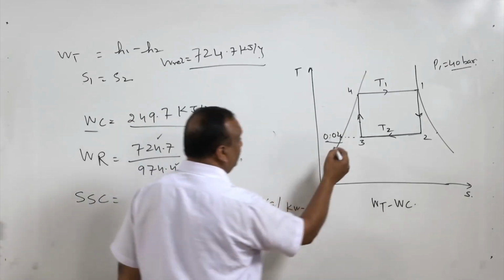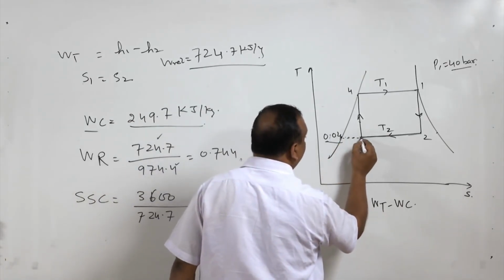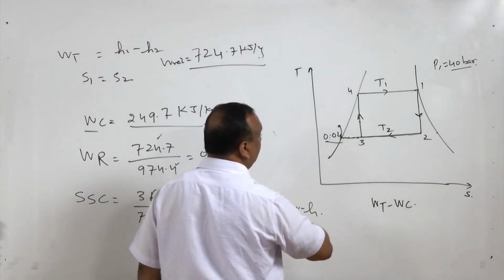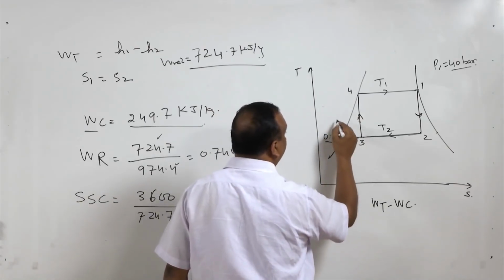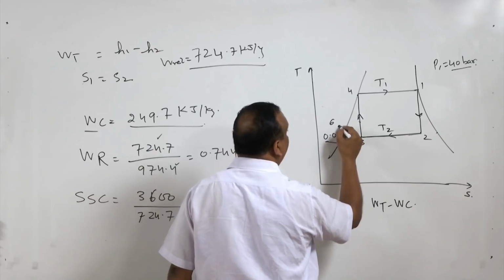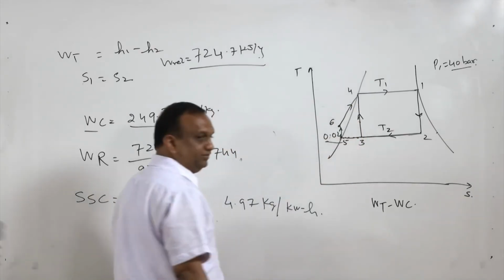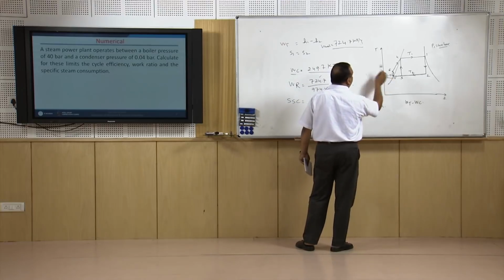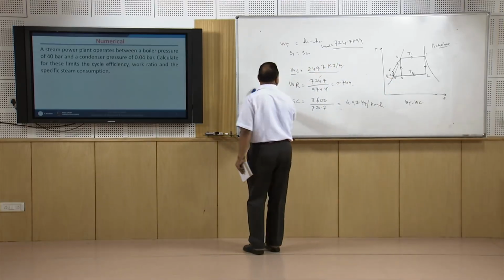Now, this is in Rankine cycle, this vapor is completely condensed, pressurized, and then you get state 5, state 6, and then from state 6 heating takes place. We can get enthalpy at state 5, but what about enthalpy at state 6?